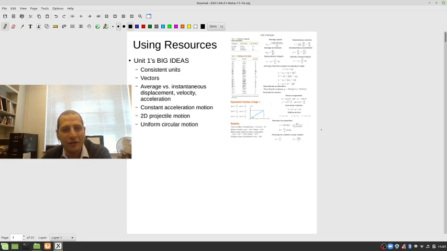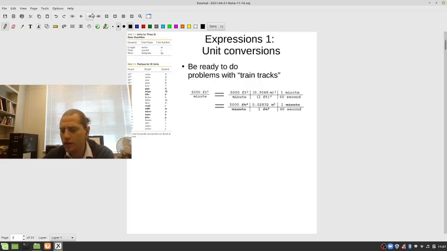But, all right, so these are our big ideas: using consistent units, working with vectors, understanding the difference between average values and instantaneous values for things like displacement, velocity, and acceleration, understanding constant acceleration motion, understanding 2D projectile motion, and then understanding uniform circular motion. So already in our first unit we did quite a bit of stuff, and so it's going to be worth our time to go back and retread that today.